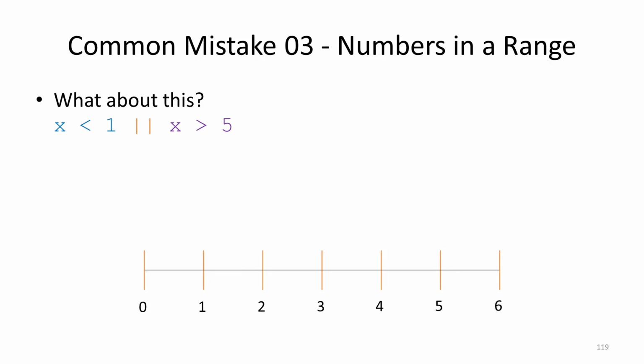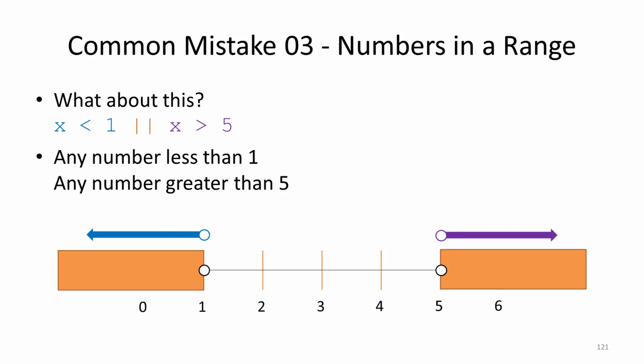How about this one? If I replace the AND with the OR, what kind of range would this be? The numbers would look like this, and this is kind of an awkward range, but it is valid and there would be numbers accepted by this condition. It is any number less than 1, any number greater than 5. So that orange that you see, those would be the numbers that satisfy that compound condition.